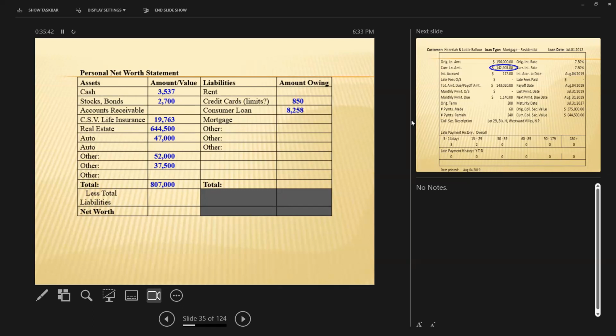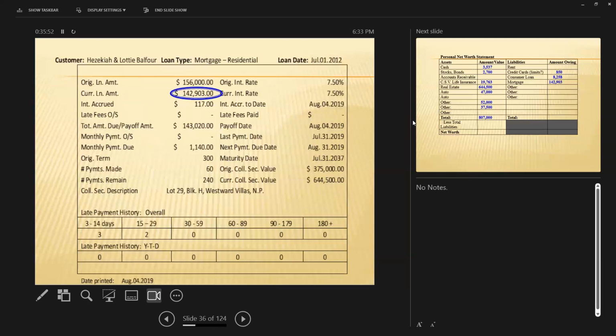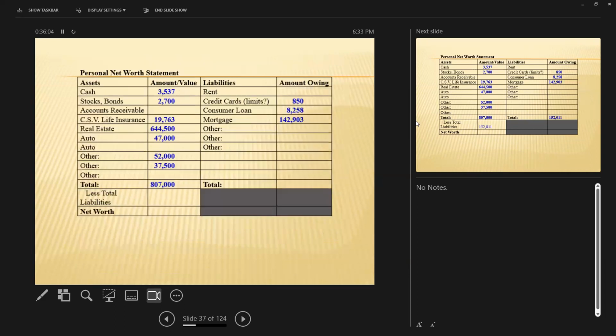And what amount do we put in there for the mortgage? 142,903. We get that figure from the mortgage statement. The current loan amount, the principal balance, is 142,903. So we plug that in there.